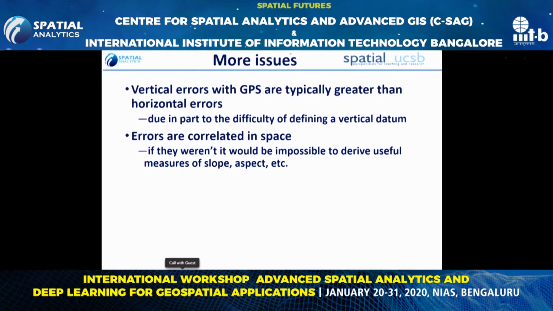Let's suppose, and this is quite typical, that a digital elevation model has a 5-meter vertical error. If that meant that every cell was independently raised or lowered by at least 5 meters, then estimates of slope would be horrendously unreliable. It's only because they are correlated in space, nearby cells tend to have very similar errors, that we can estimate slope or aspect at all.